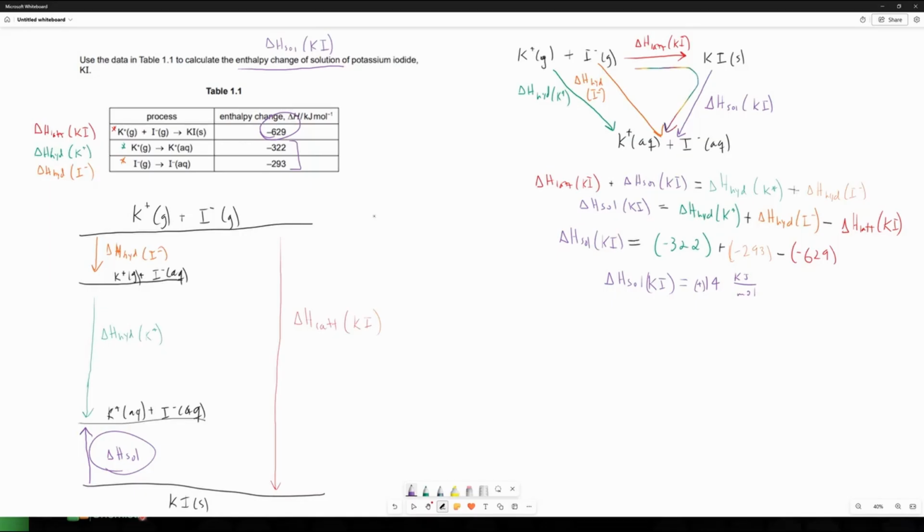It doesn't matter which one you do, whether you draw this as an energy level diagram or as a Hess cycle, because in this particular question they're not asking for either, they're just asking for the math. The math is going to end up being the same here.